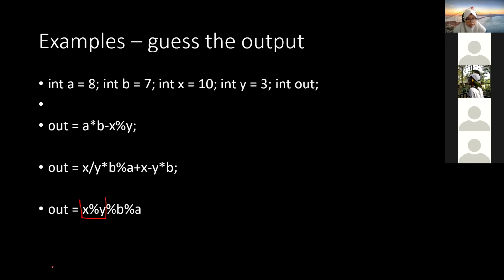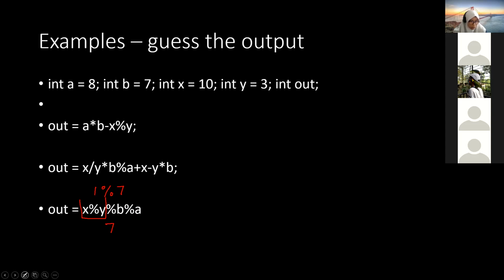This one. Okay, that is 1. Yeah, 1, because it's a modulus. And then this one, 1 modulus with what was it? 7. Okay. So 0 divided by 7. You cannot do the division, so this is also equal to 1.